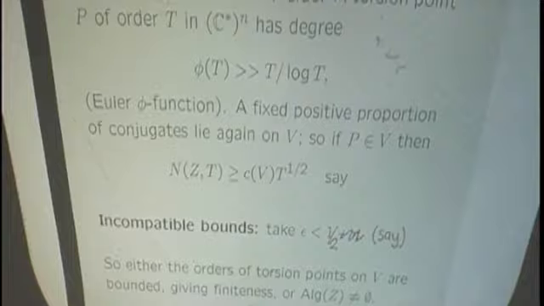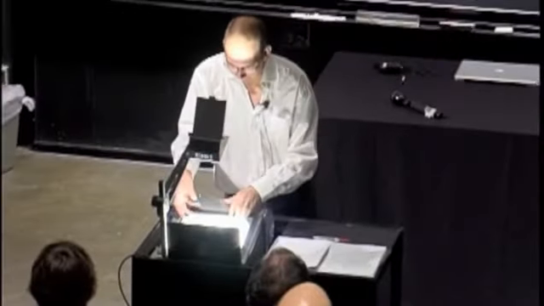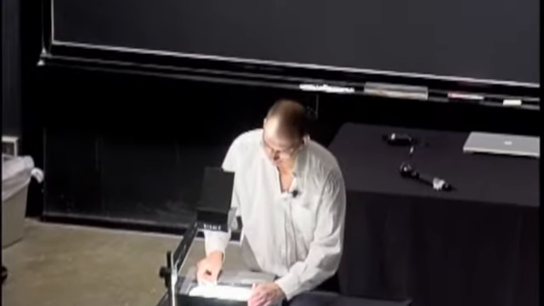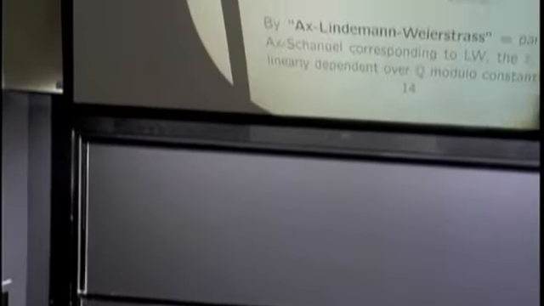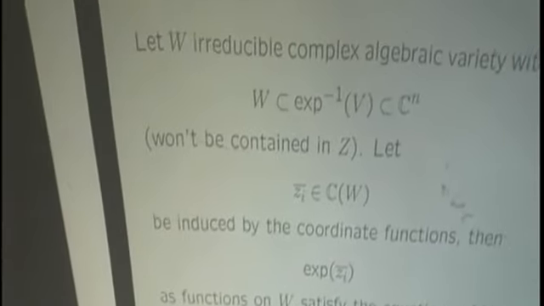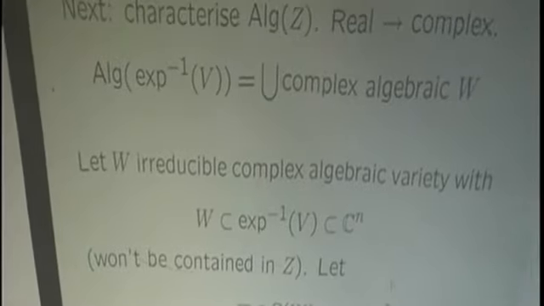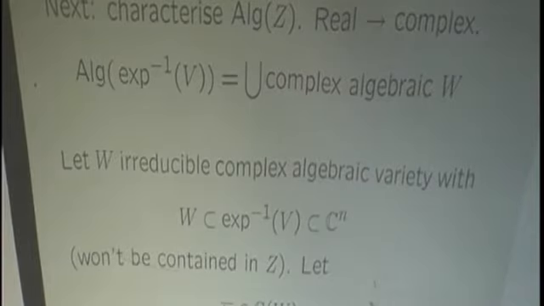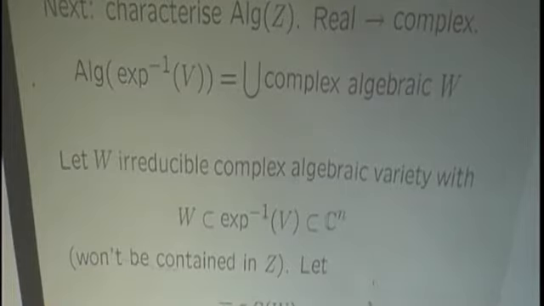And we find that either the order, so now we have to think about that subset. Now, in thinking about the algebraic part of Z, it's nicer to think about the algebraic part of the full inverse image, because that's a complex analytic set. And it turns out that if Z contains, so in Z, we're looking for positive dimensional real semi-algebraic things.